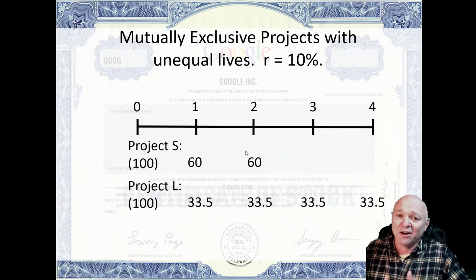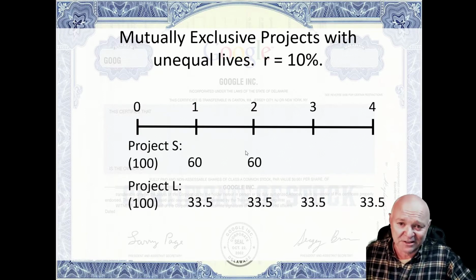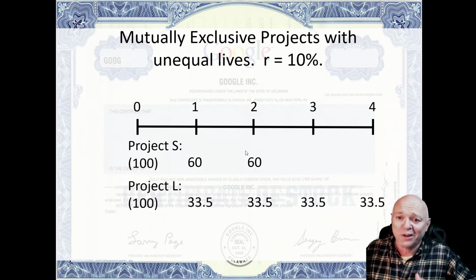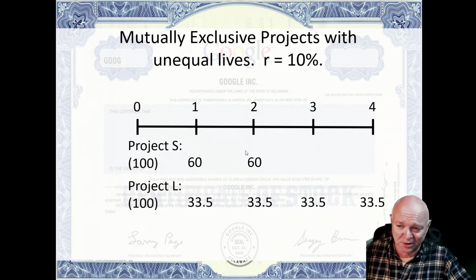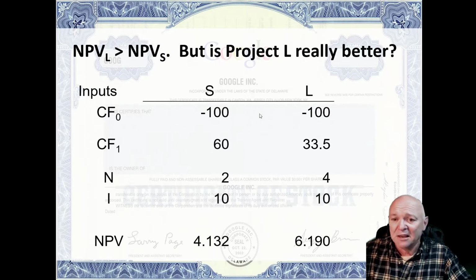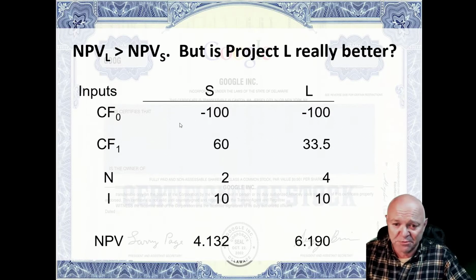Well, we can apply our standard NPV techniques in order to determine what the rate of return is to these two investments. Again, we have a simple assumed weighted average cost of capital of 10%. If we look at these cash flows, and in fact we can do this with our calculator, we could put in the cash flow in period 0. In both cases it would be minus 100.